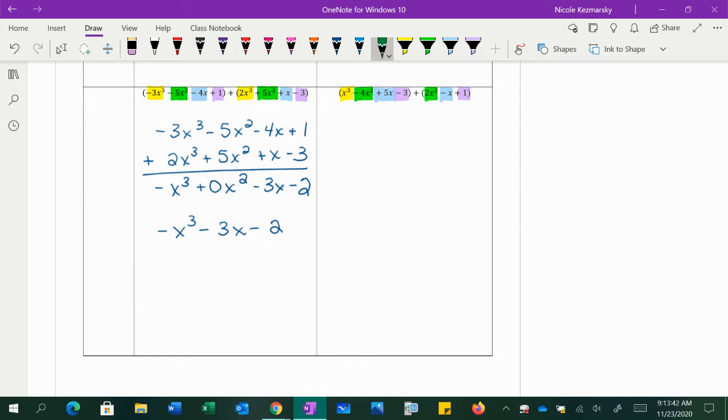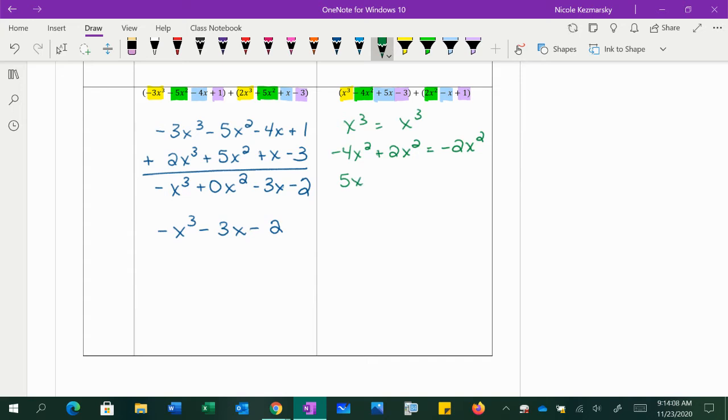So I notice that I'm missing a second x cubed term. So I'm just going to say x cubed equals x cubed because there's nothing to add to it. Then I'm going to do negative 4x squared plus 2x squared, which is going to give me negative 2x squared.